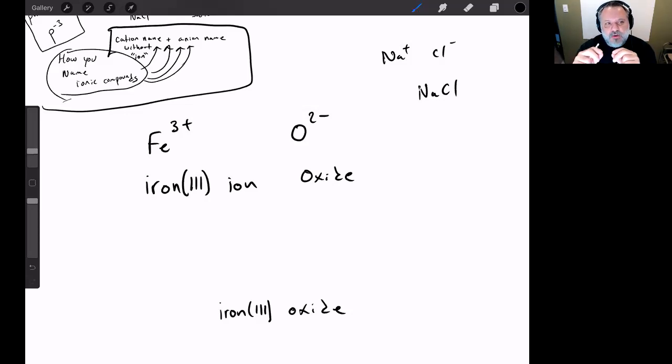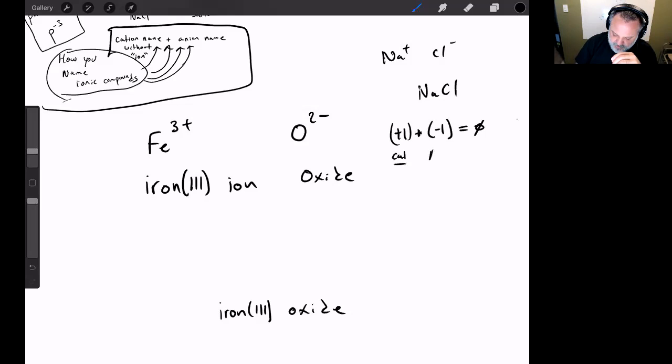This is important because in the case of sodium chloride, you have a 1 plus cation and a 1 minus anion. So you only need one of each in order to cancel the charge out, right? Plus 1 plus minus 1 equals 0.